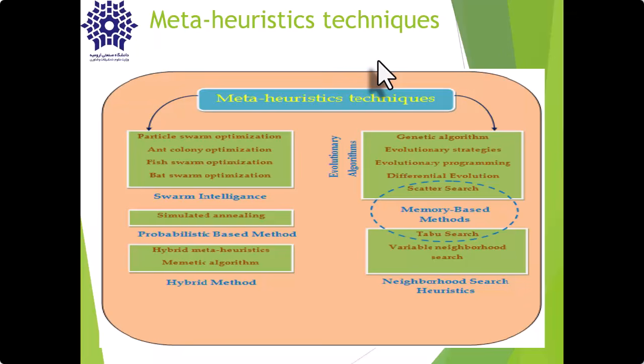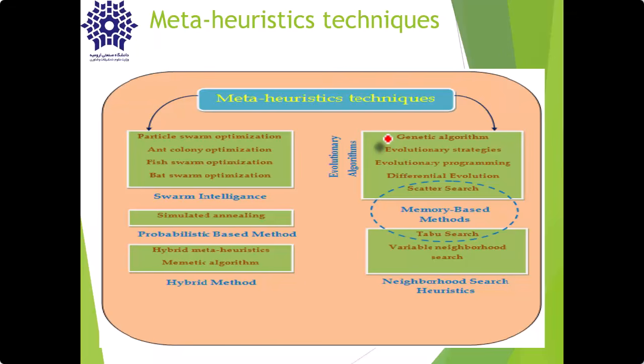Algorithms like particle swarm optimization we will study in the future, ant colony optimization, fish swarm optimization, bat swarm optimization, and there are lots of different algorithms in this category. Another category is evolutionary algorithms, like genetic algorithm, evolutionary strategy, evolutionary programming, and other methods.